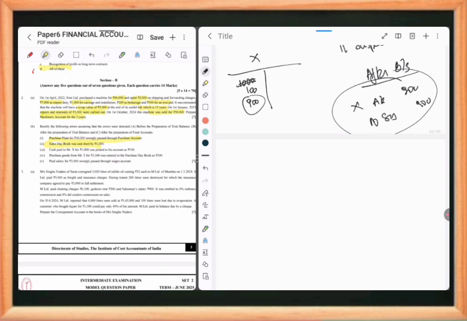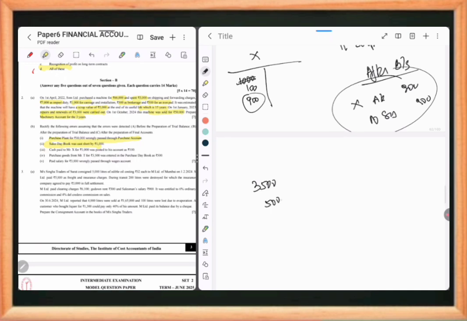So here, purchases account debit to T. Here the total purchases amount is 3,500, but we posted only 500 rupees. So still we have to enter 3,000 rupees. This is the actual purchase value. But in the purchase entry, we debited purchases only for 500. So the balance 3,000 rupees we have to enter more.